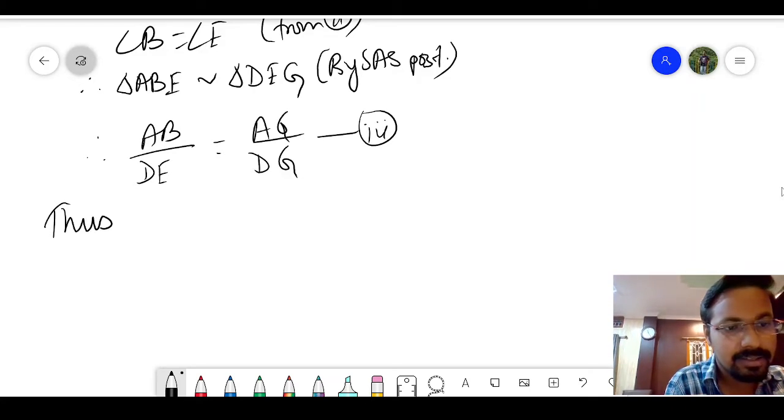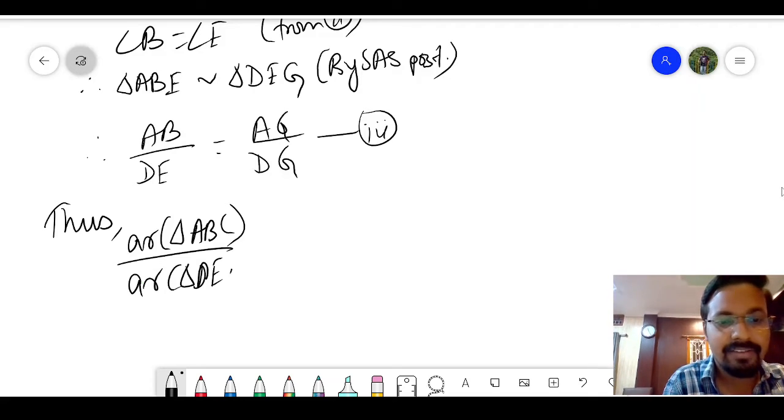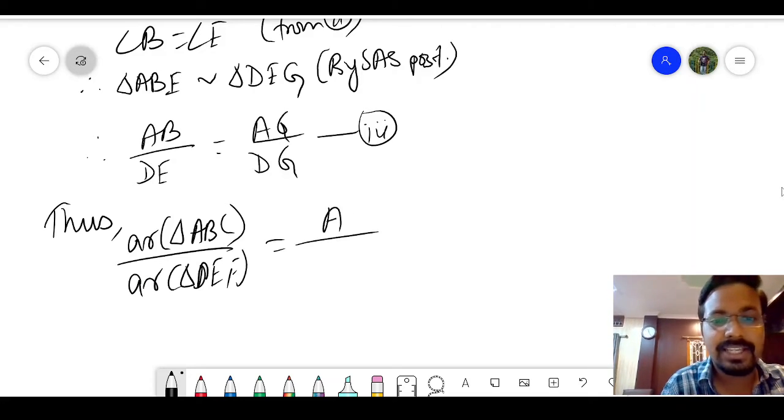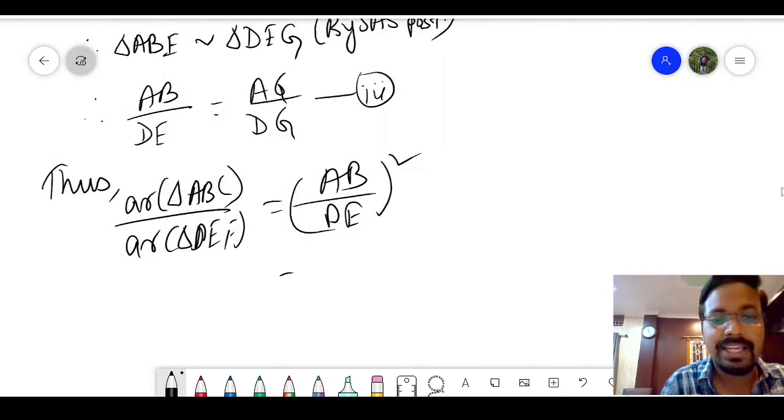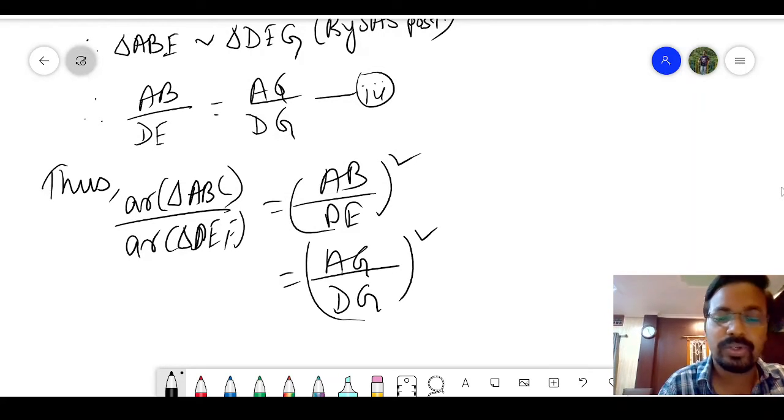Thus what we have is area of triangle ABC by area of triangle DEF. Obviously it is AB by DE whole square. In place of AB by DE we can write AD by DG whole square, and that is what we had to prove.